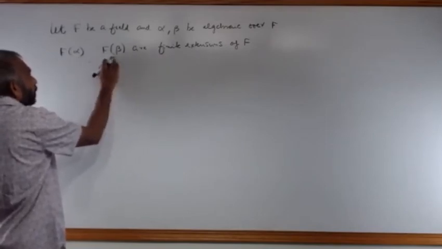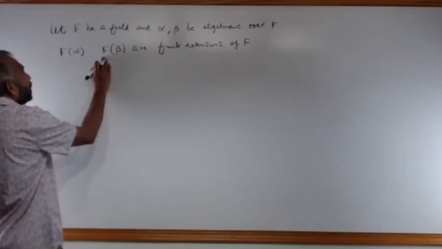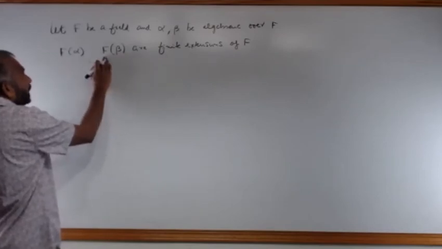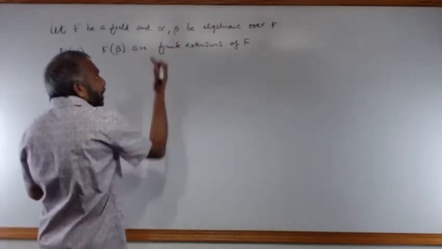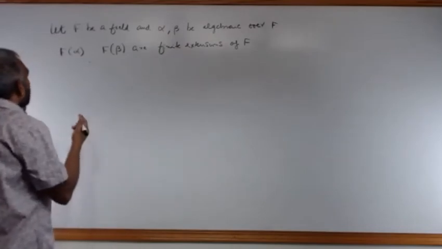If there is an isomorphism between these two, then we can say that probably alpha and beta are conjugates.